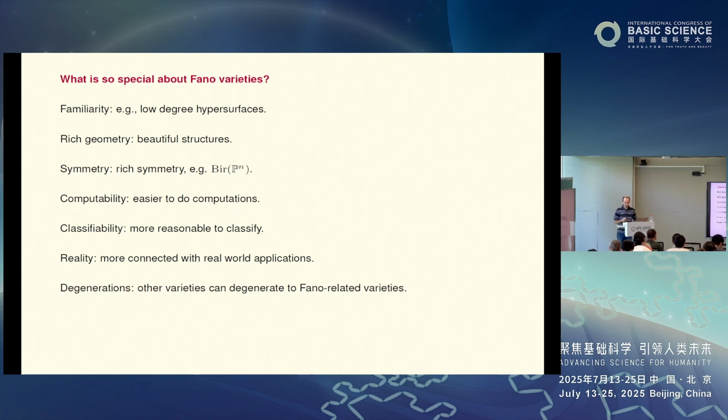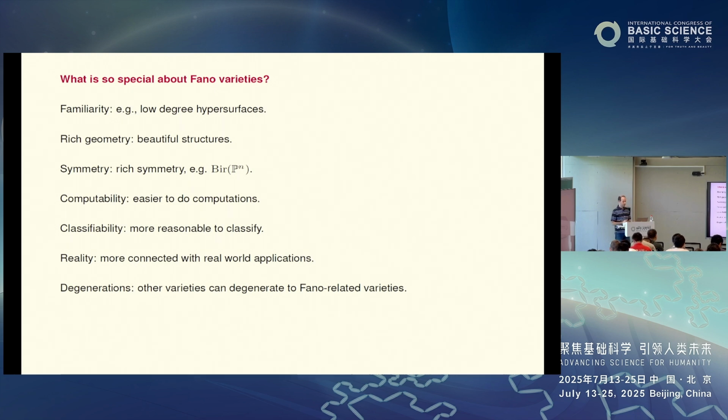But another reason is more intrinsic, and it's because they have such rich and beautiful structures. Other kinds of spaces, for example, where the canonical bundle is positive, which are called general type, of course they are interesting, but in some sense they are much more boring compared to Fano varieties. They don't have the same kind of rich geometry.